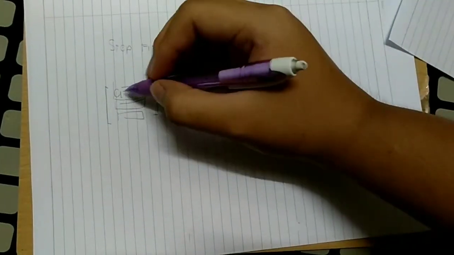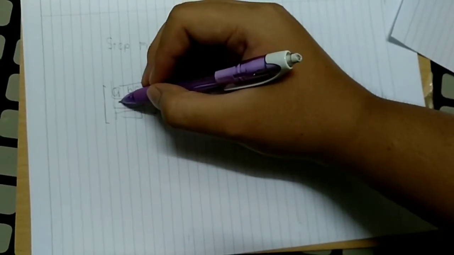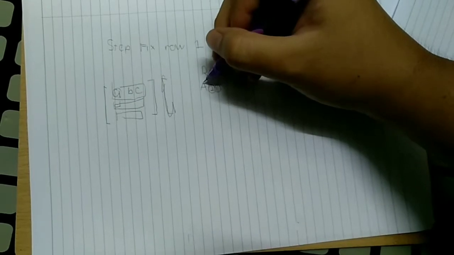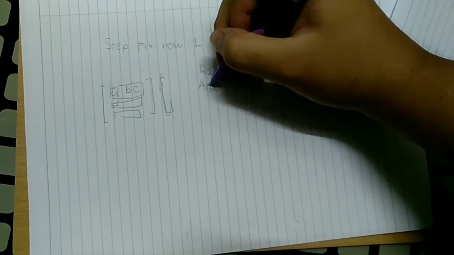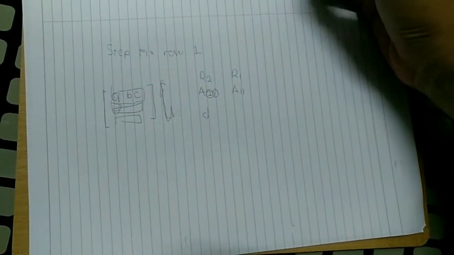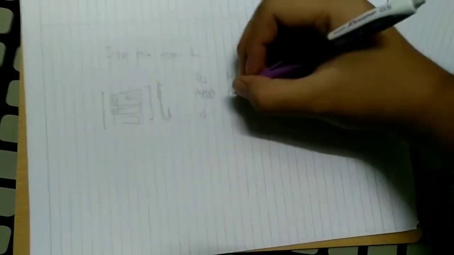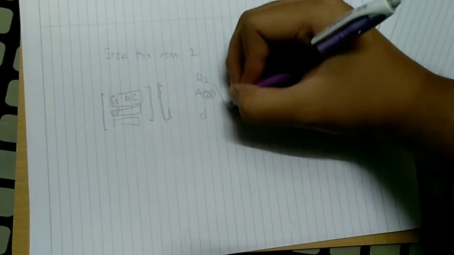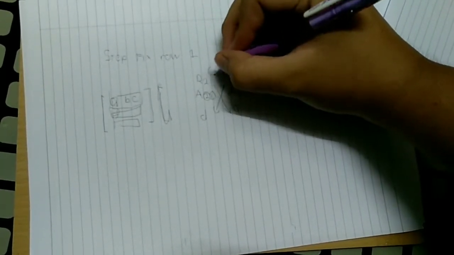So let's put this as an example. This is A. Let's just imagine the element here is D. As I said, we choose an element from row 2, column 1, which is our D. So we put D, and then this is the element at row 1, column 1, which is A. Just put A, and then we cross multiply it, and then we put a negative.